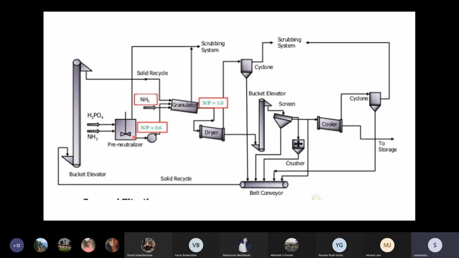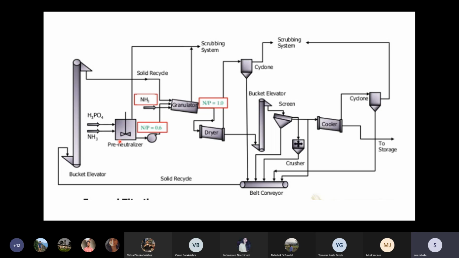Upon this neutralization, you would expect granules like solid particles, but you will not get granules so easily. Rather, you will get a slurry kind of thing.